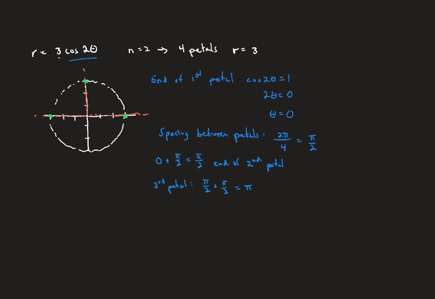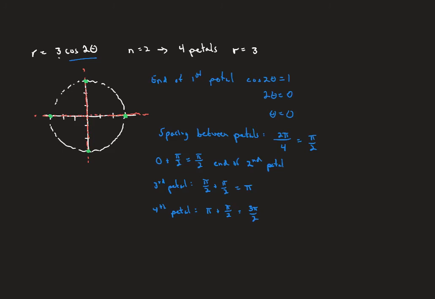And then the fourth petal, we're going to just do it again. So we'll take where we left off, the pi, and add another pi over 2 to that, and that'll give us 3 pi over 2. So that is going to be the end of our fourth petal, and there's our green dot.